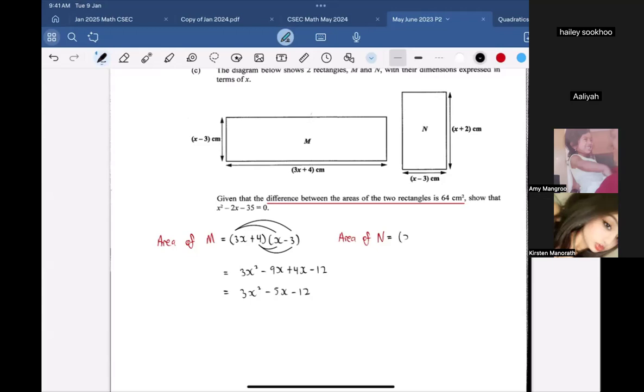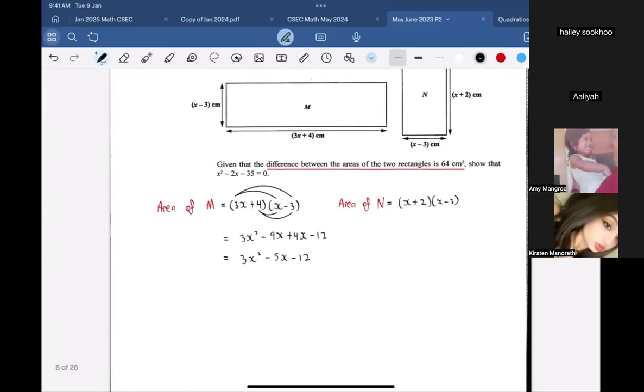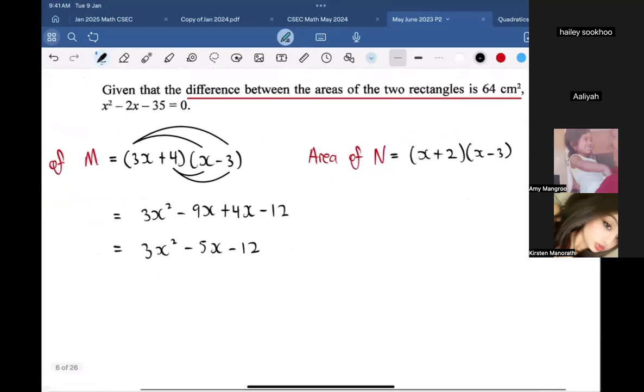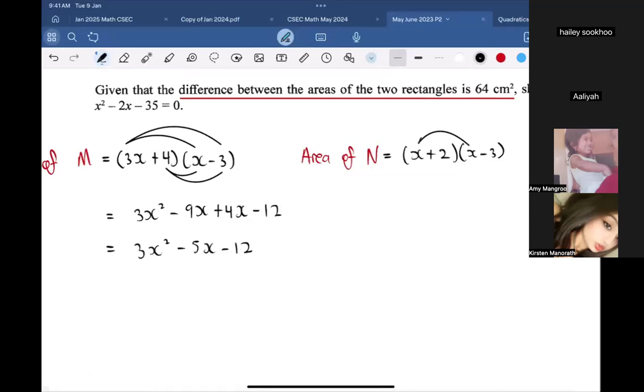x plus 2 by x minus 3. I keep saying into, that's division. Oh, by, my bad. By x minus 3. And if we had to expand that, we know how to expand it because we did that just now. x by x is x squared. x by minus 3 is minus 3x, plus 2x, minus 6.